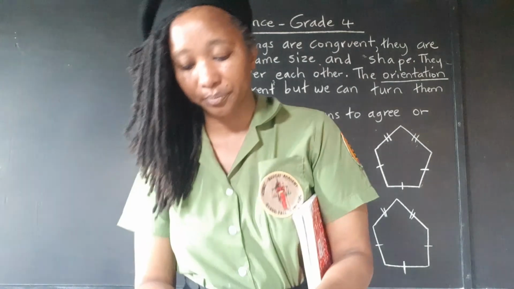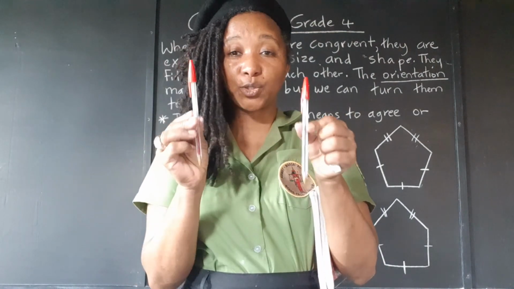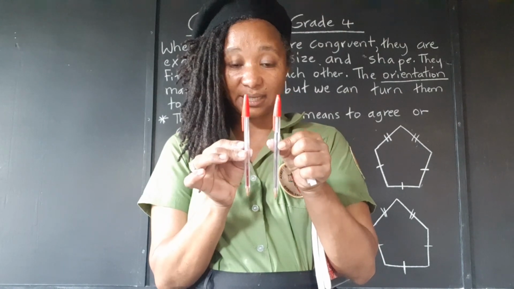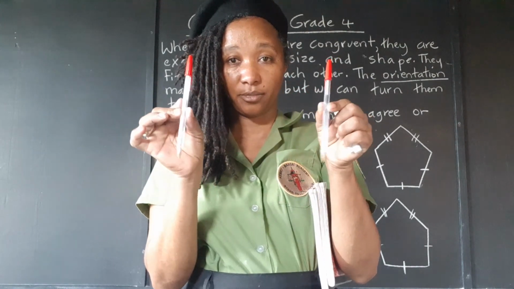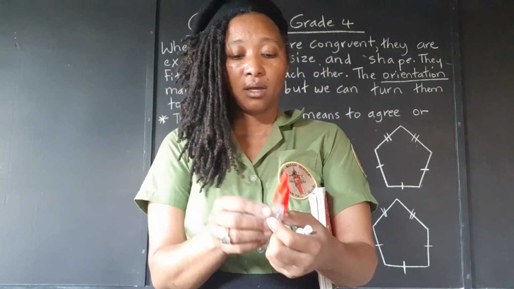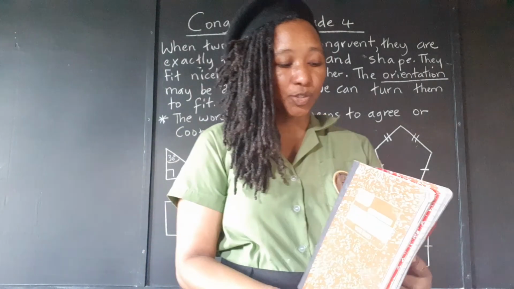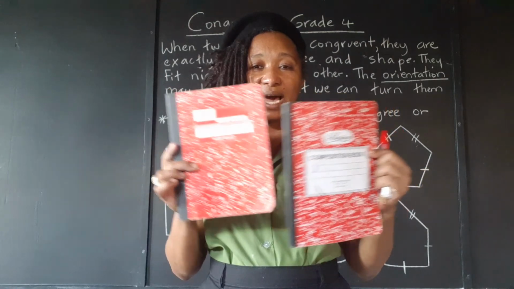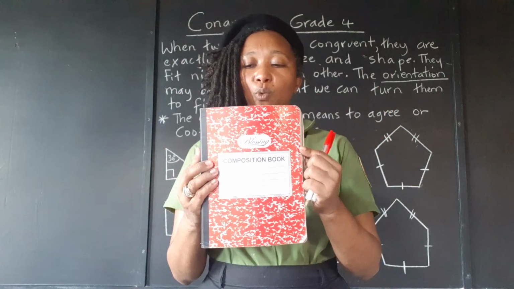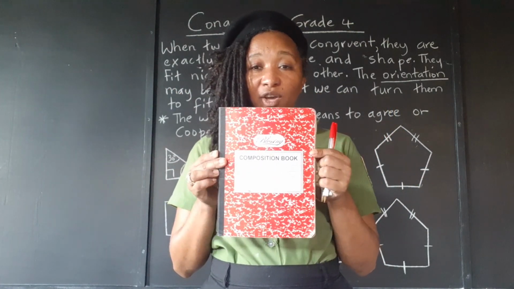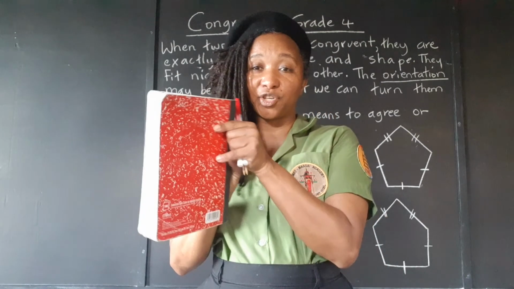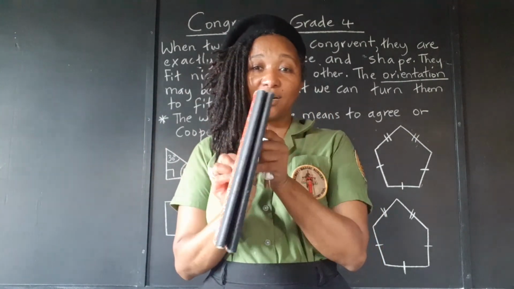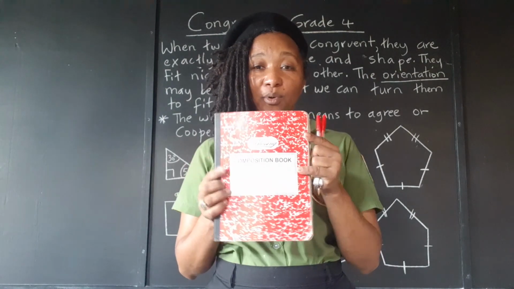Likewise, these 2 pens are congruent. They are identical. How about these 2 books? See, they fit nicely over each other. If I put one book behind the other, you can't see the other book. And if I turn it around, same thing. No matter how I turn them, you can't see the other book.